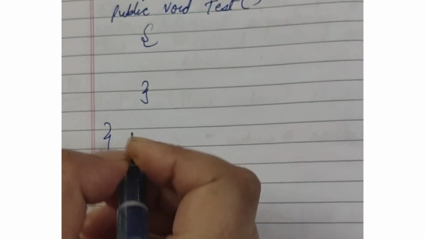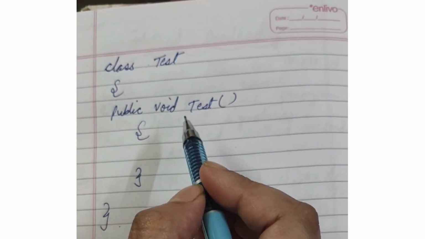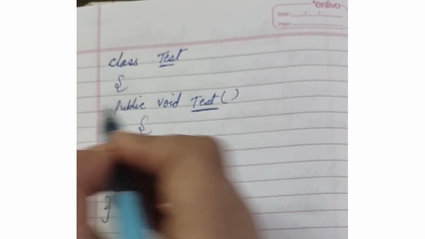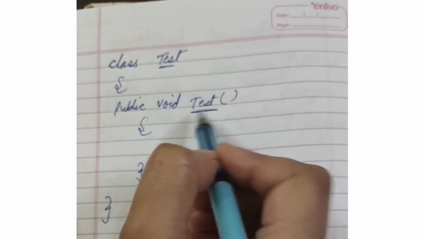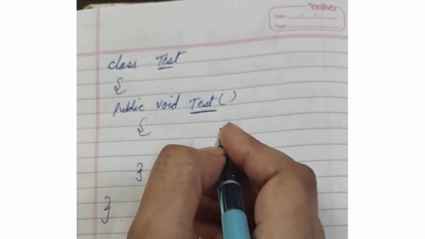Now the name of the class and the name of the constructor is same. Method is same. But can you consider this as a constructor? No. Let's consider the next point.